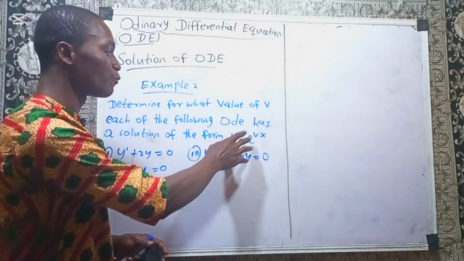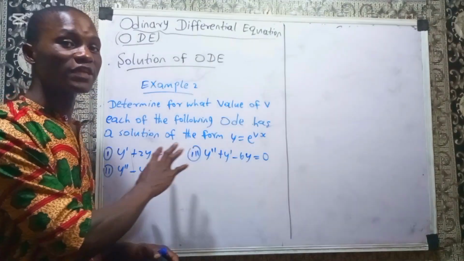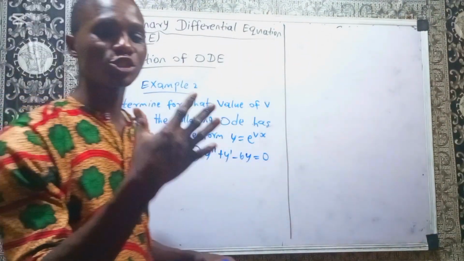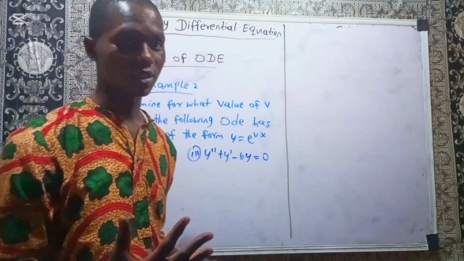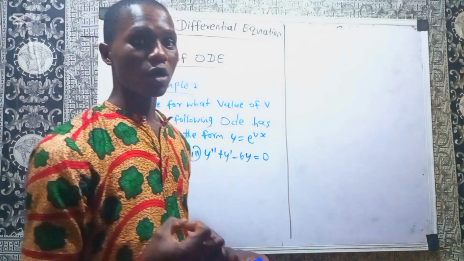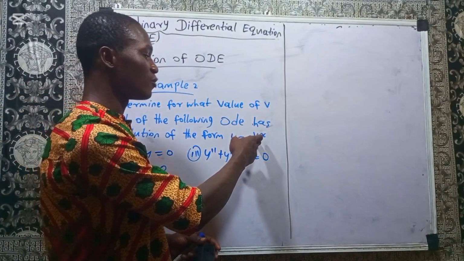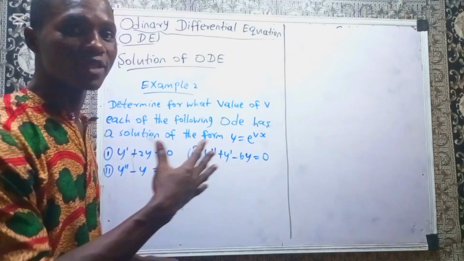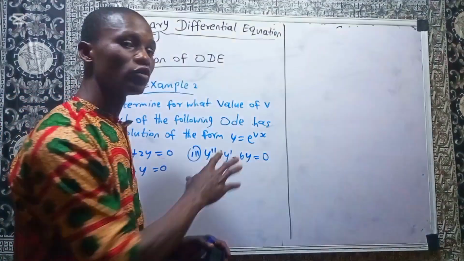You are not checking whether it will be a solution or not. They have told you that it's a solution, but we want to find that value of v that will make each of them a solution of the given ODE.